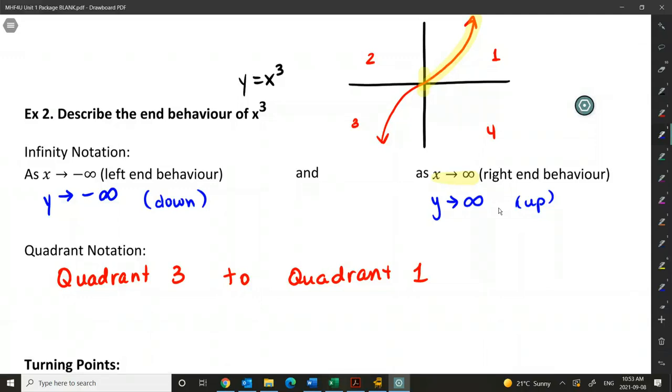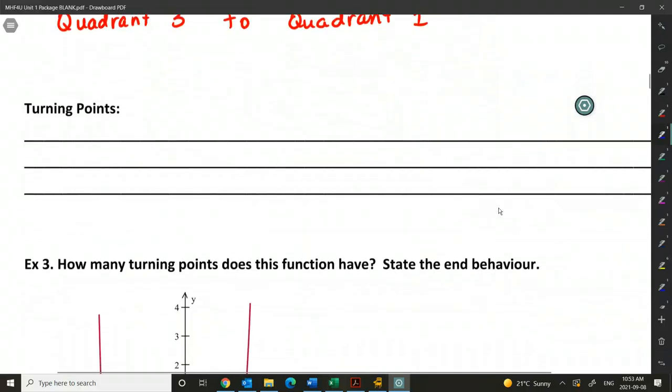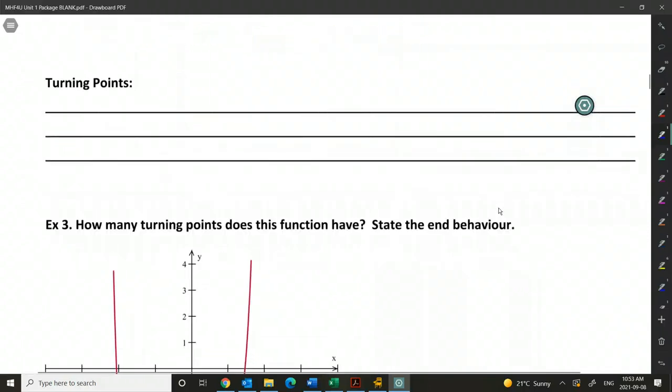Okay, so we've got one last little thing here, and then we'll have a little bit of time to work today. The last new term we're going to talk about today is called a turning point. Turning points are any point on a graph where your graph changes from increasing to decreasing or decreasing to increasing. They will form mountains and valleys, and they'll be the tips, the peaks or bottoms of those.